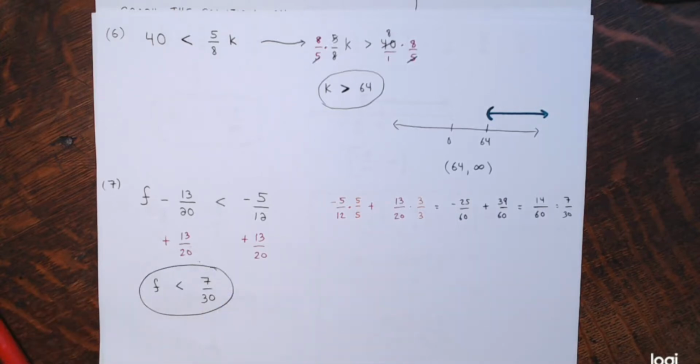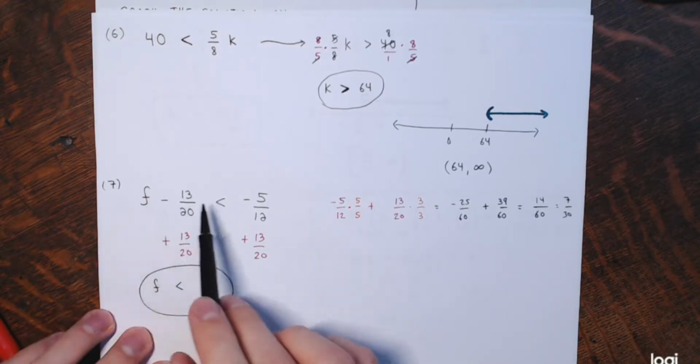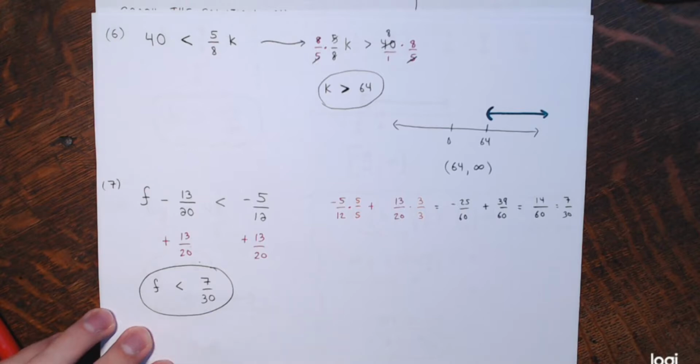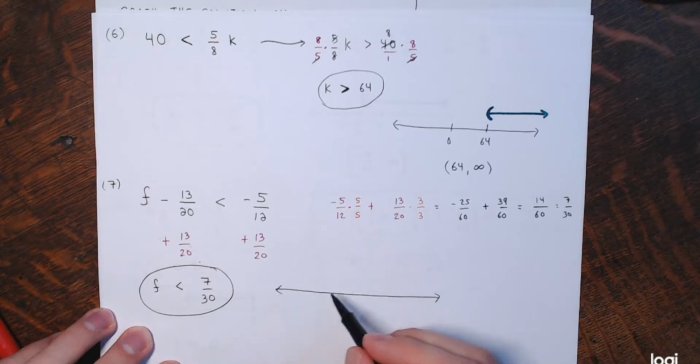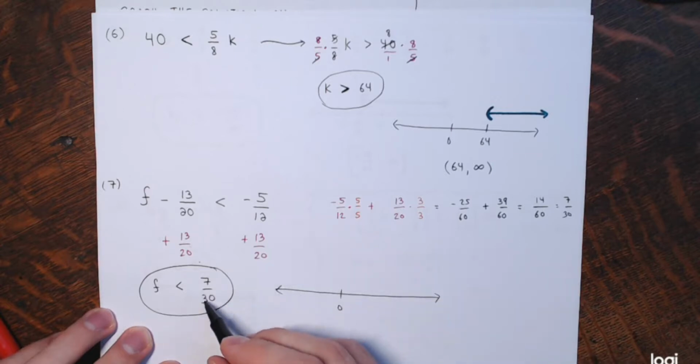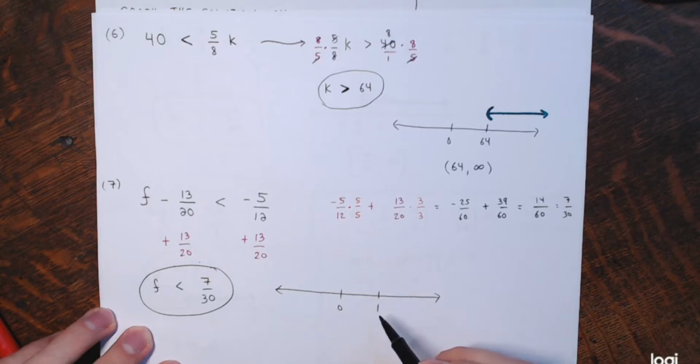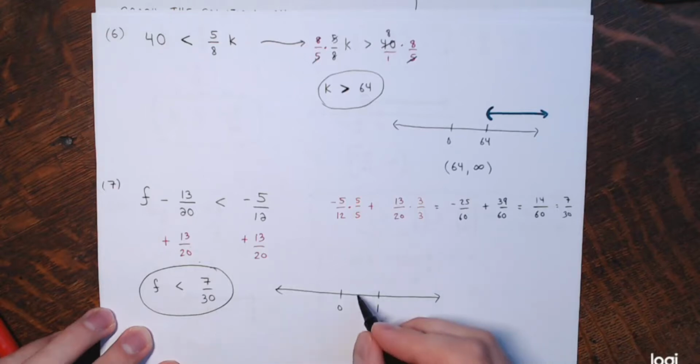Right, got the variable alone on its own side, on the left side, that I like. And all the solutions of this inequality are the numbers less than 7/30. I'll draw that. Right, here's a number line. 0, and again 7/30 would be between 0 and 1, and it'd be closer to 0, right? Because 15/30 would be a half. 7/30 would be about half of that.